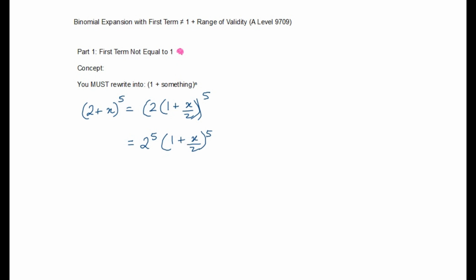Now we expand just the binomial expression. So keeping 2 to the power of 5 intact, I'm going to expand 1 plus x by 2 to the power of 5. According to our binomial formula in the MF19, it's going to be 1 plus n times x.